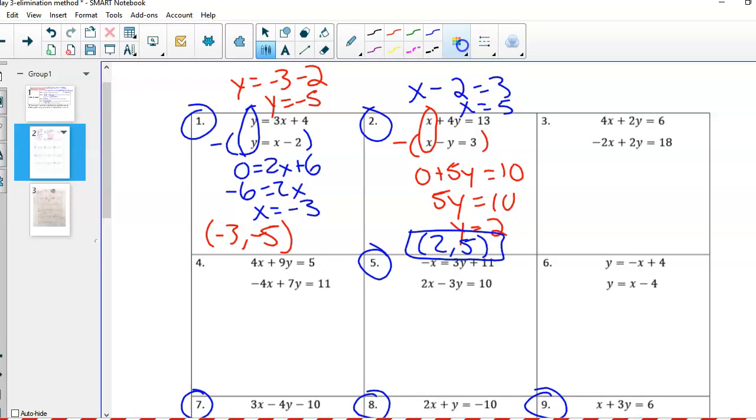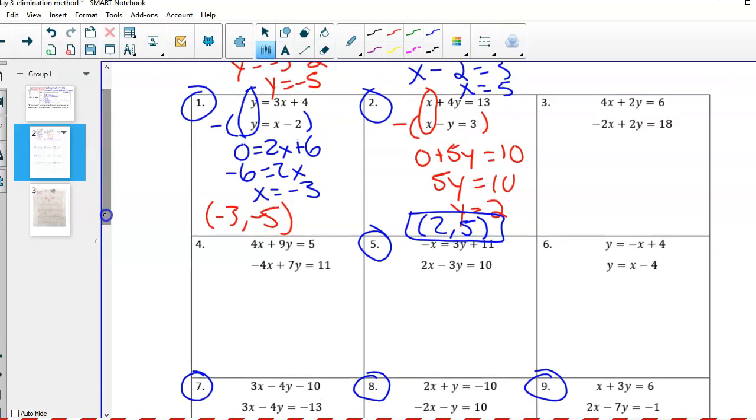So then you bring 3 plus 2, which equals 5. You have to add it. And then how did we get y equals 2? Divide 10 by 5.